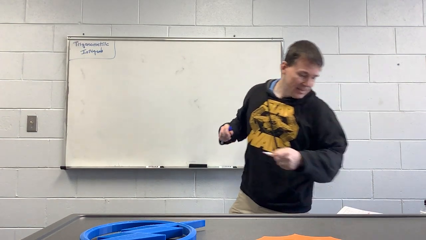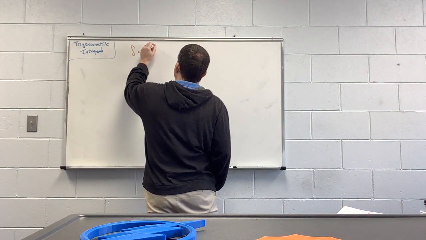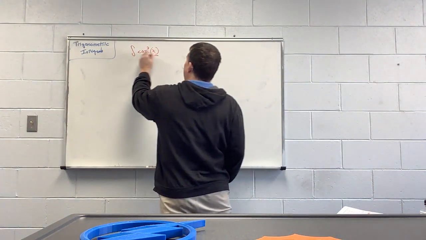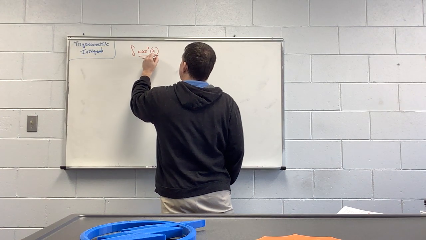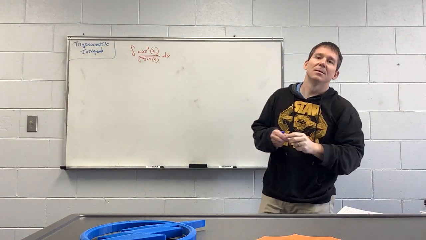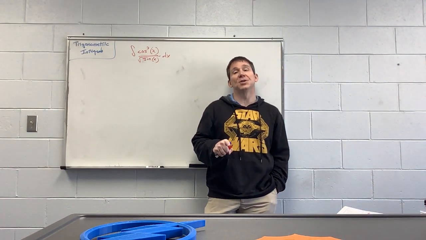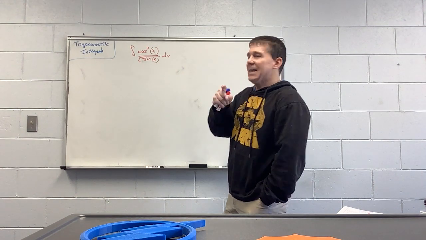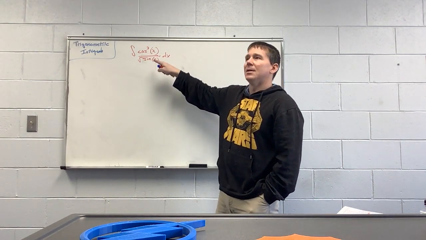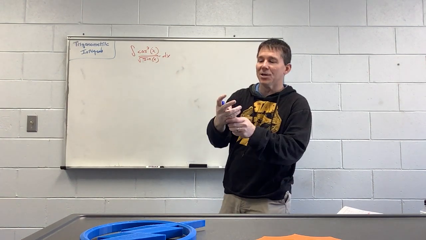So next up, suppose we have the integral of cosine cubed x over the square root of sine x dx. And in this case, we know we're going to use a u substitution. From our understanding of u substitution, the denominator and the thing inside of a radical are always going to be my u.